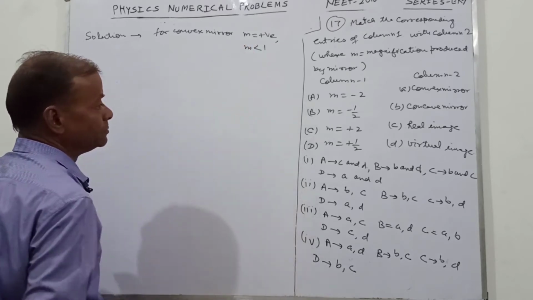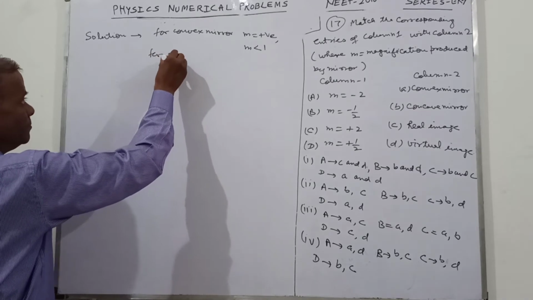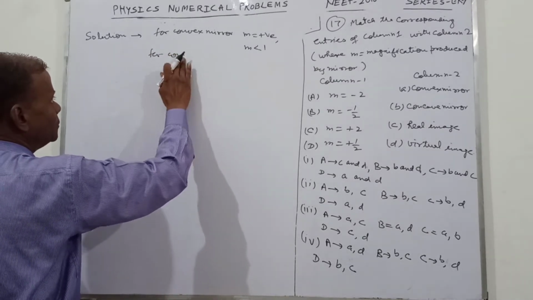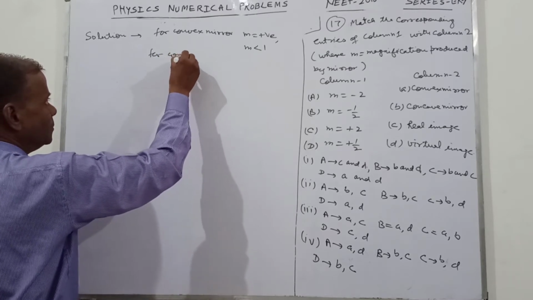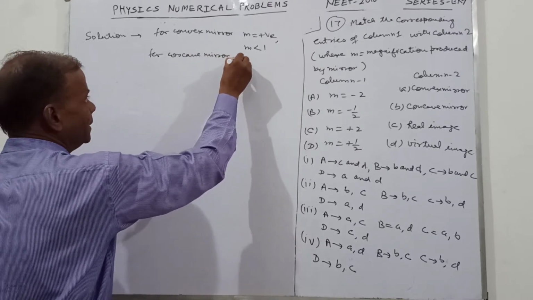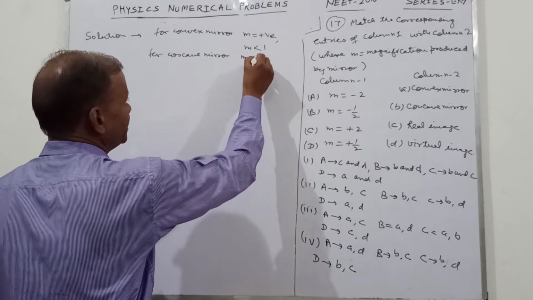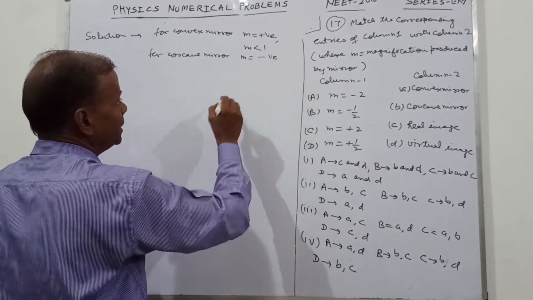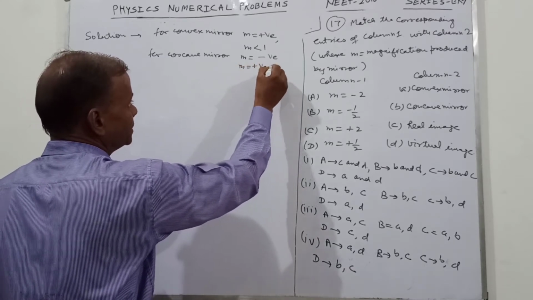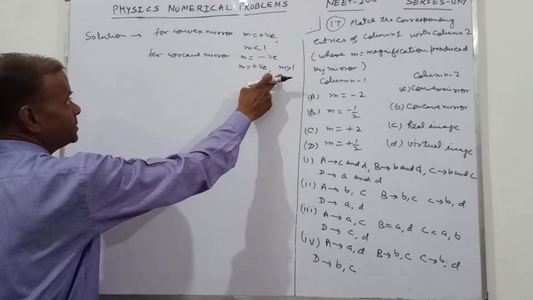M is less than 1. For concave, M is always negative because of the real image, and M can also be positive, but here this M is greater than 1. In case of positive, this is greater than 1.